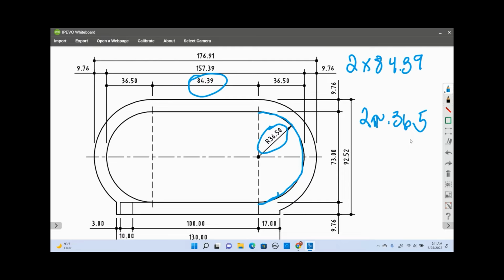If you do these calculations, 2 times the 84.39 is 168.78. And 2 pi times the 36.5 is 229.336.